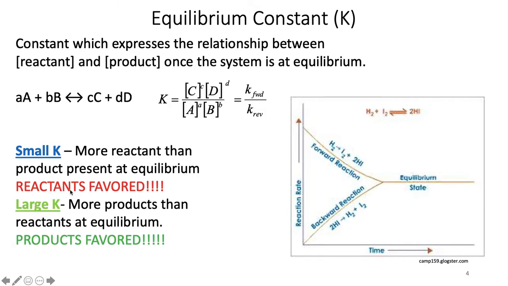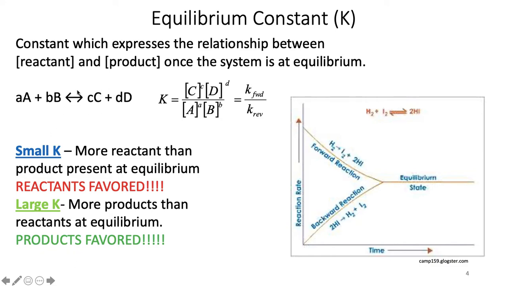What happens when I have a large K? Well, the opposite is true. If I have a large K, that means my numerator is much larger than my denominator. How do I get a large numerator? Well, if I have a lot of product made, or a lot more product than reactants, then this equilibrium, we say, lies far to the right, meaning it favors the products.